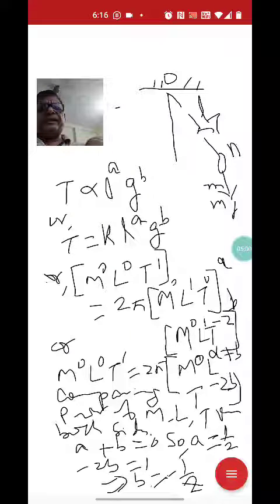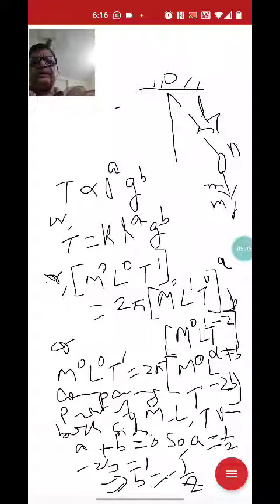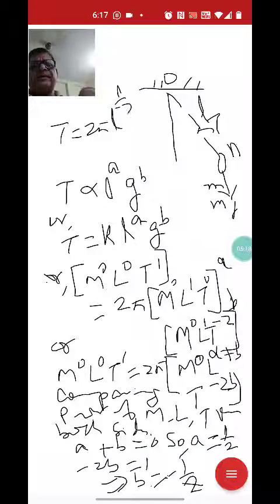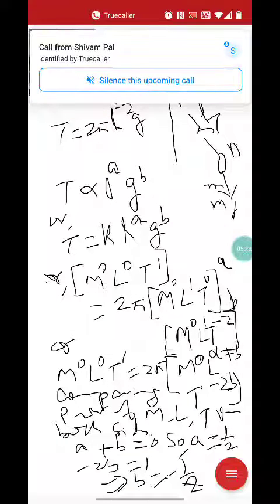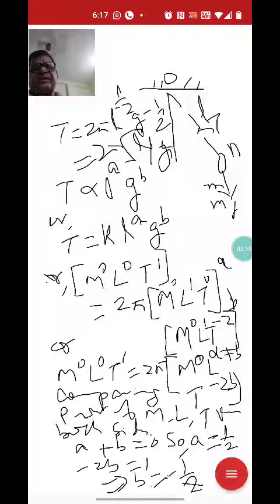I write here T equal to 2 pi, L to the power a, the value of a is 1 by 2, and g to the power b, and the value of b here is minus 1 by 2. So the relation we get is T equals 2 pi under root L upon g. This is the solution.